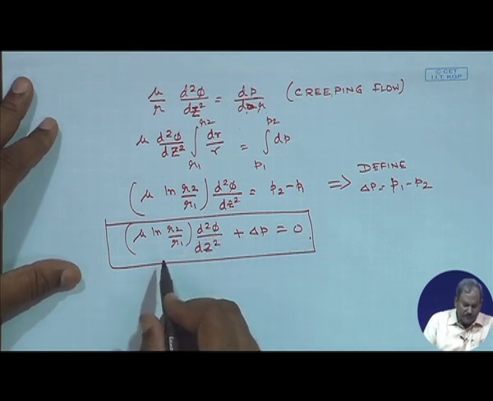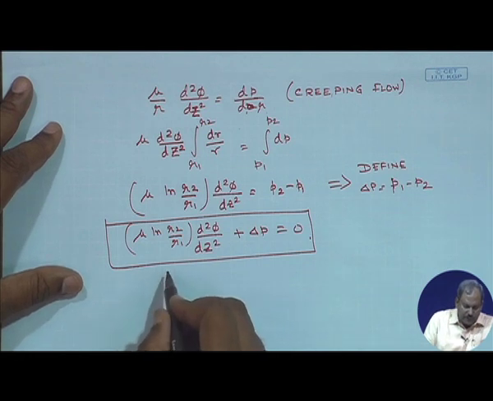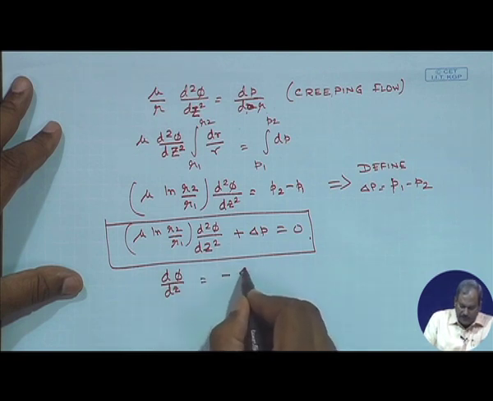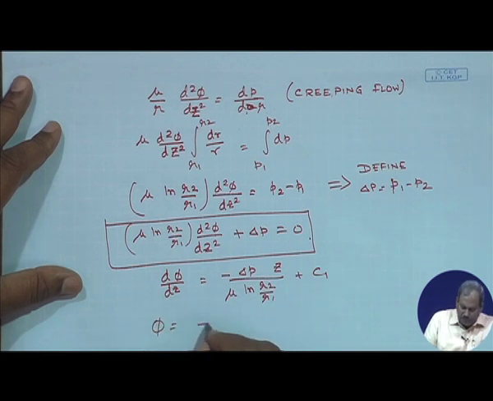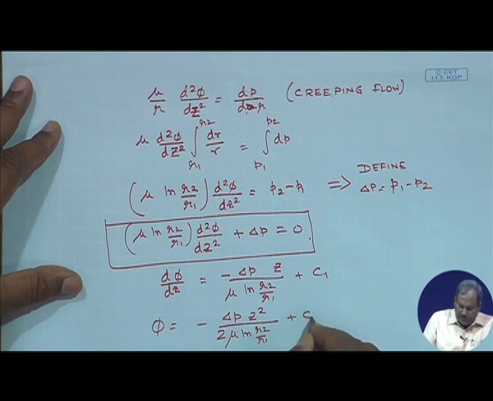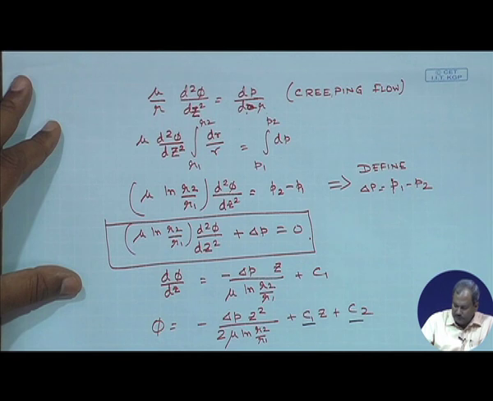What I do next is find d phi dz, which would be minus delta P z by mu times ln r2 by r1 plus c1, and finally phi to be equal to minus delta P z square by 2 mu ln r2 by r1 plus c1 z plus c2, where c1 and c2 are constants of integration.